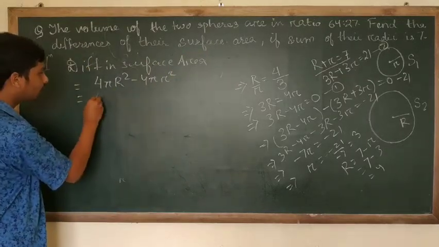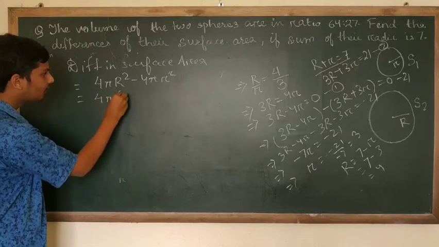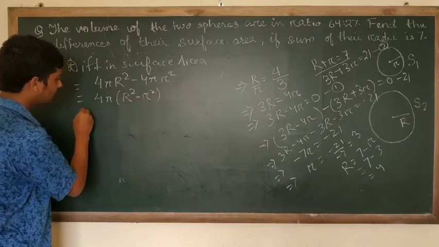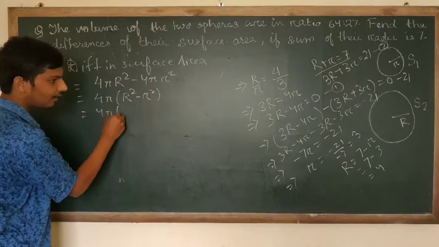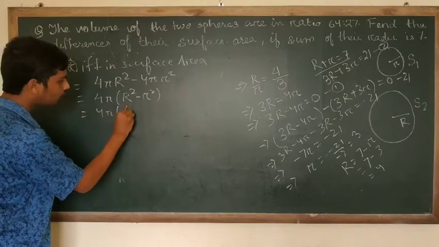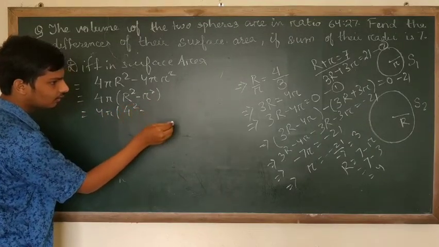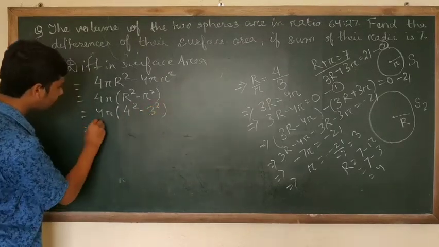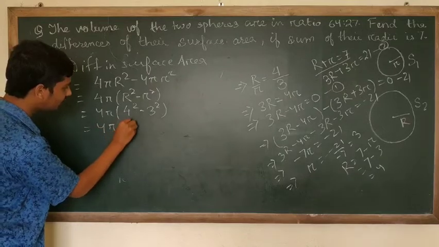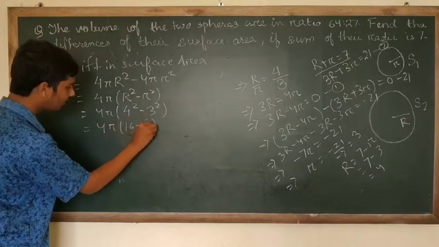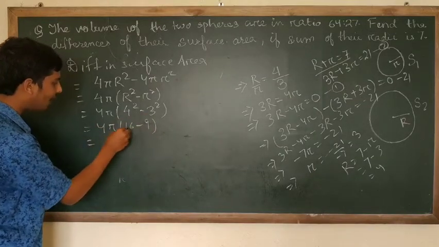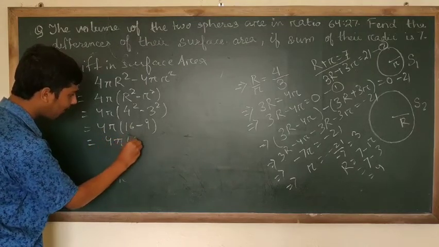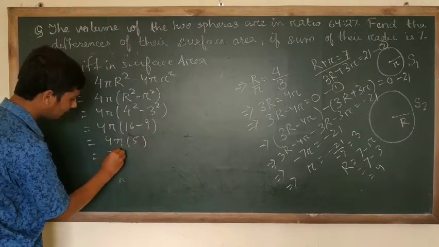So 4 pi will be common, and we are remaining with R square minus r square. This implies 4 pi, and R we have got 4 square, and r we have got 3 square. 4 pi times 16 minus 9, which is 4 pi into 5, equal to 20 pi.